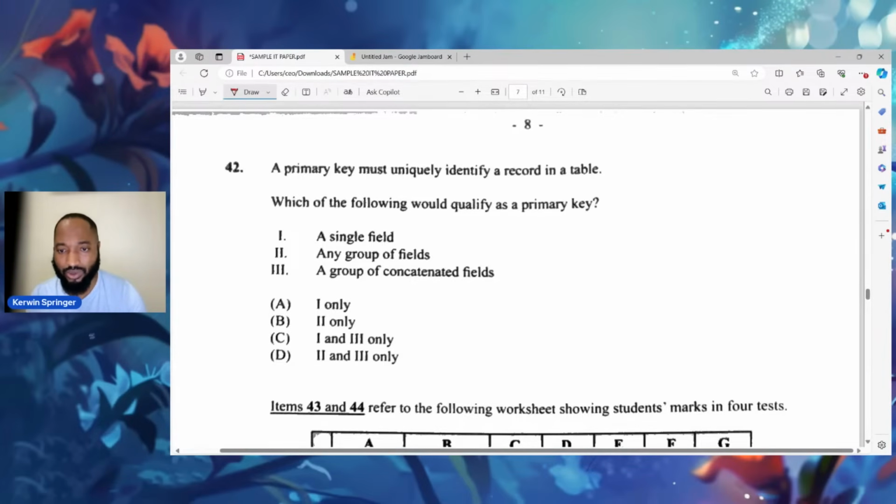My IT teacher said the answer is C for this one. My IT teacher says C, so I just had to work with C here, boy.